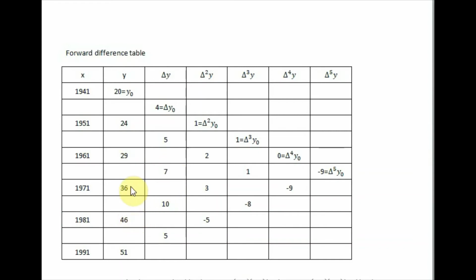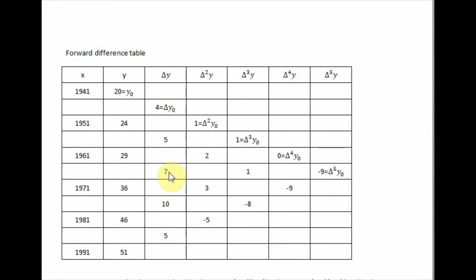46 minus 36, that is 10. Similarly, 51 minus 46, which is 5. Then second order differences. In second order differences, we have delta square y0, which is given by 5 minus 4, that is equal to 1. Then 7 minus 5, which is equal to 2, which is delta square y1.